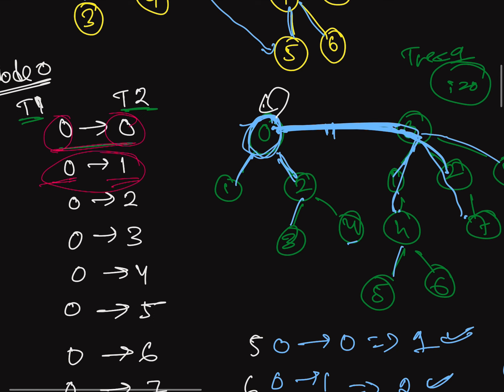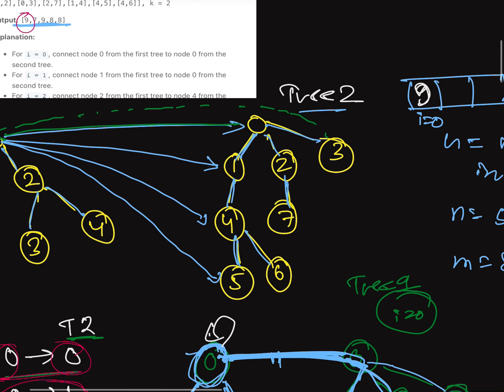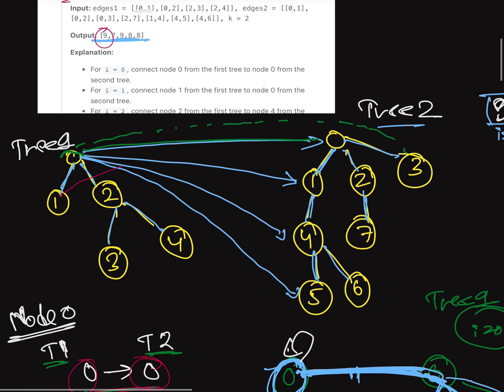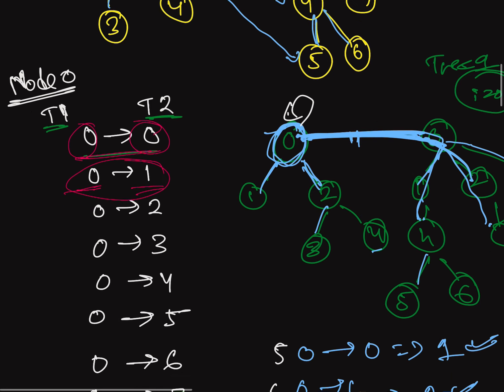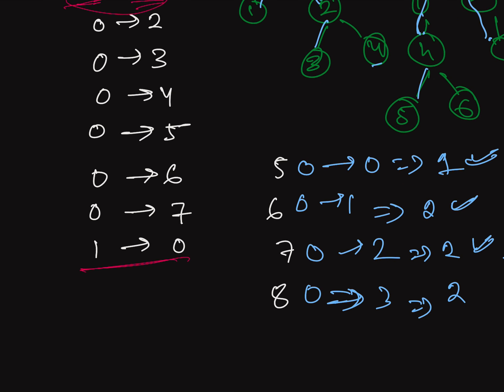In this way we can connect all of these, because we can also connect 1 to 0. Correct? Because we can connect any one node from tree 1 to tree 2. After all these connections, we can calculate the maximum target possible.